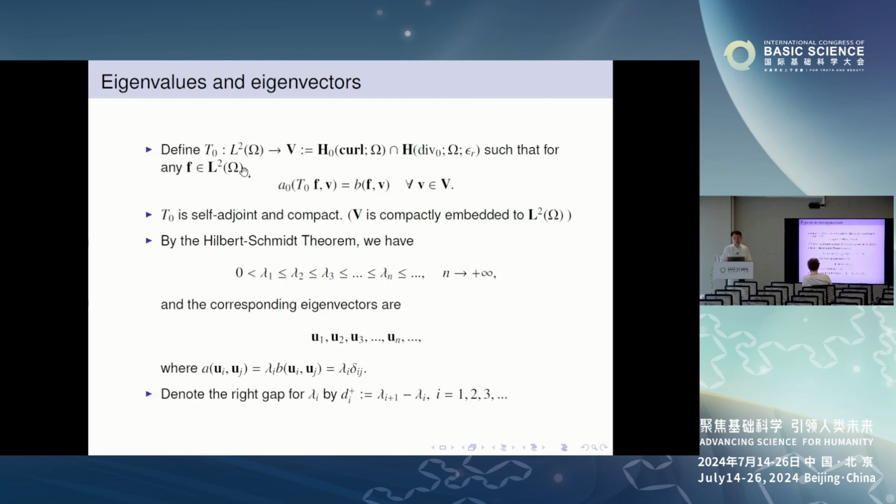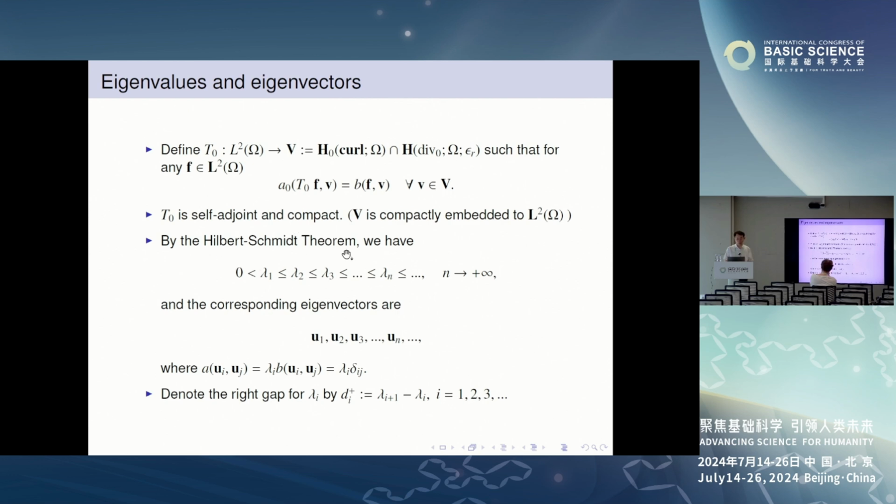For the eigenvalue and eigenvector, we can first define the operator T0, which satisfies this for v in H0(curl) intersect H(div) 0. If we define this operator, we can show that T0 is self-adjoint and compact. The compactness is very important.